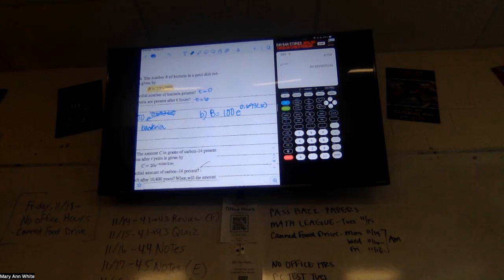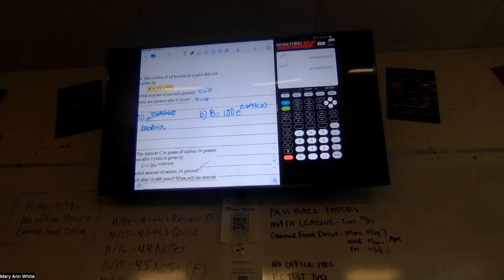Another place you can find E that will already be ready for an exponent: if you press second and go to LN, that's in your left-hand column, second LN gives you E to a power, and then you can just type in that power. See how it's going to give me the exact same answer. So it doesn't matter if you do second division or second LN, both of them are there.